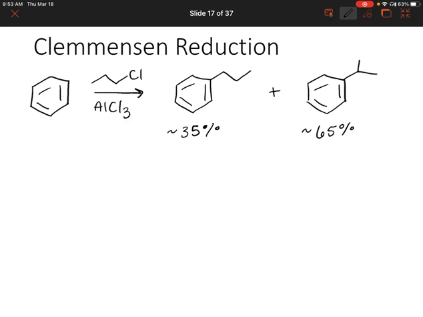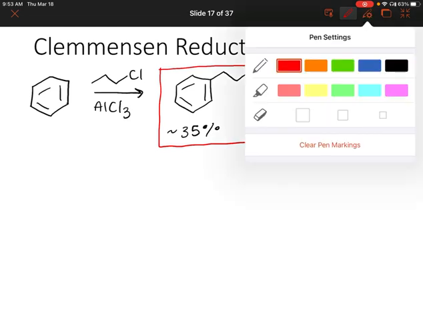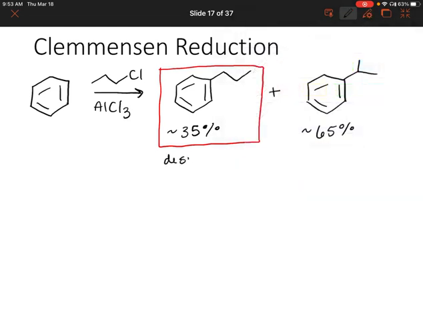So what if we just want to form the minor product with the propyl group attached? What if that's our desired product? Well, one way to form just that product is to use the Clemmensen reduction. So this is kind of a little trick that you can use.